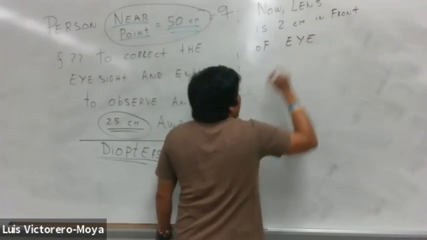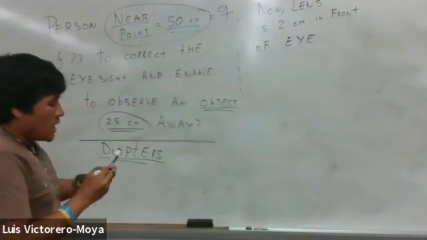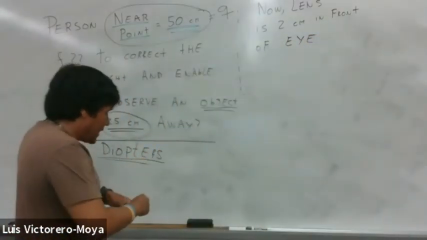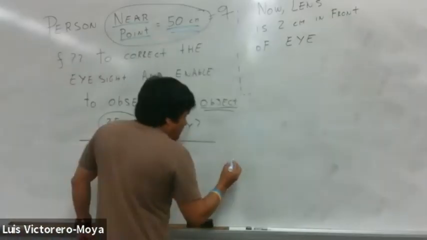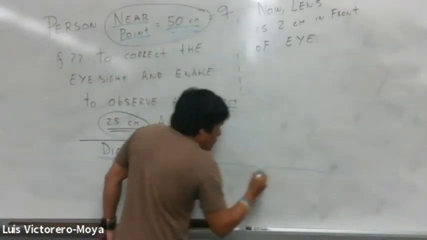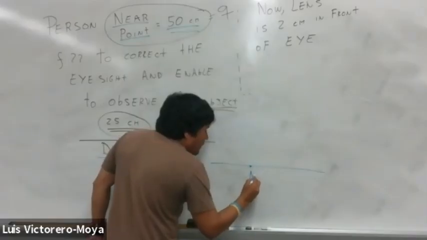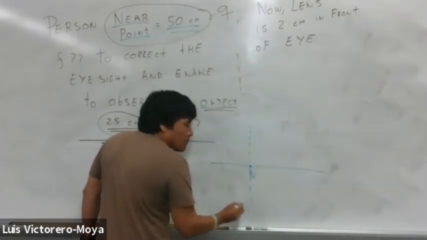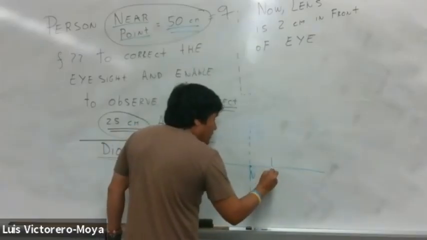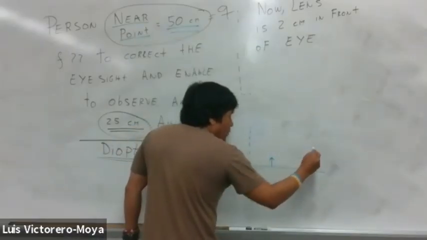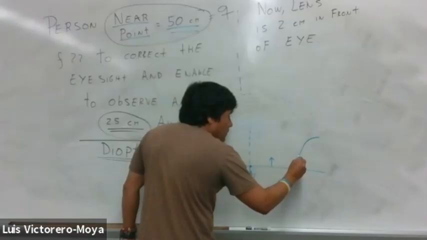So what will be the focal length? If you think about it from the graph I had here, or I guess I can do it again, this was the near point. This is where you want the image to be able to observe it. And this is where the object was. And this is where your eye was.